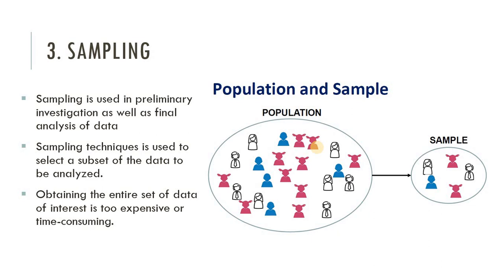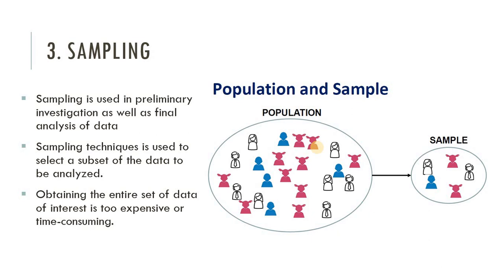In short, sampling means we choose samples from the different types in the whole data set, and that sample data is chosen for the analysis. This is the work of sampling. Analyzing the whole data set is very time consuming, and the computation is also too expensive.